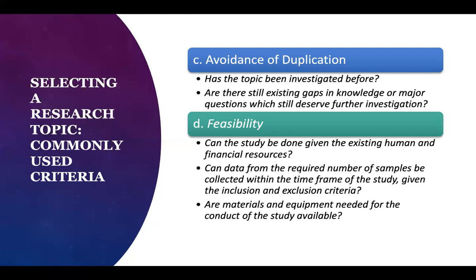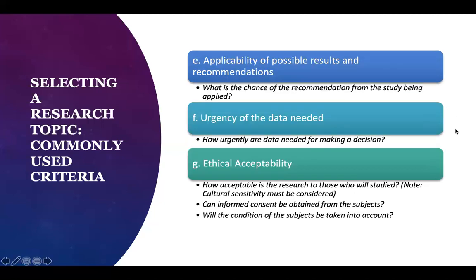Or are materials and equipment needed for the conduct of the study available? So usually, we do not conduct a study where we will have difficulty or where we have no available equipment or materials needed.